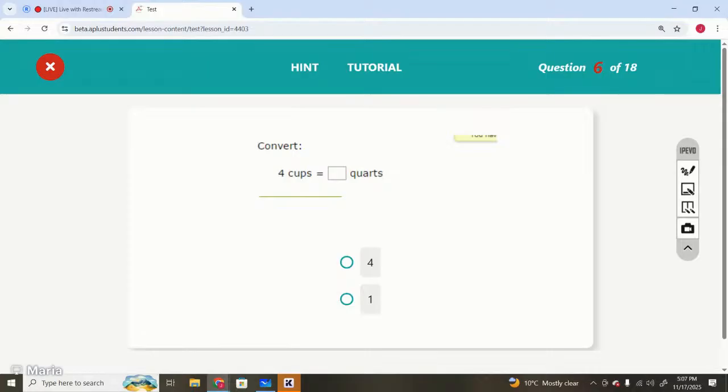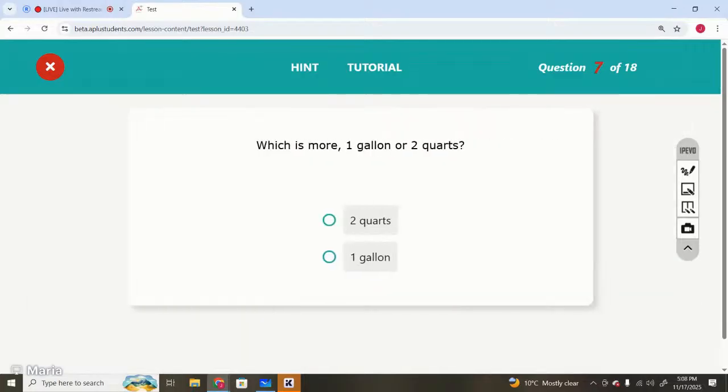Convert: 4 cups equal how many quarts? 4 cups equal 1 quart. Option number 2 is the correct option.